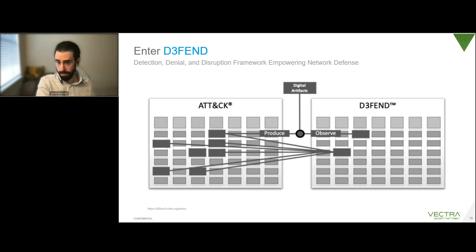A file search discovery will generate network metadata of an SMB share being touched. These artifacts can be observed if we can collect them, and then we can act upon them with countermeasures. That's what D3FEND is all about: the countermeasures that can act on these digital artifacts produced by an attacker. The whole framework is built out like a map.